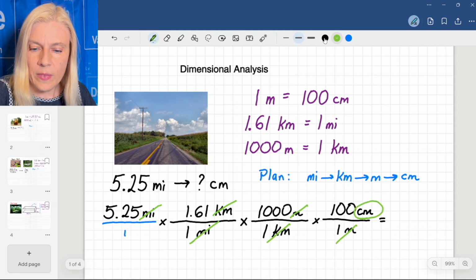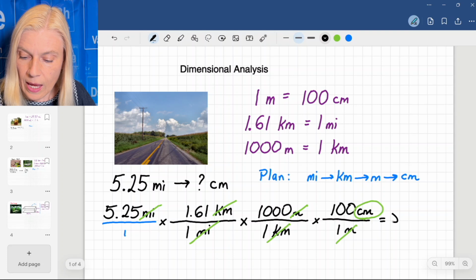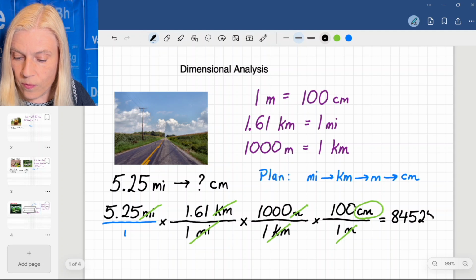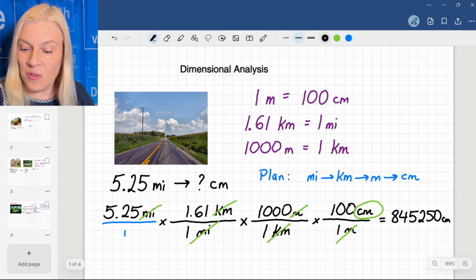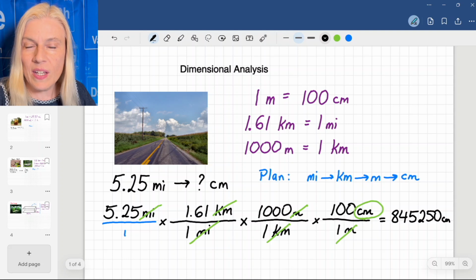There you go. If I plug this number into a calculator, I get this answer: 845,250 centimeters. That's what the calculator says.